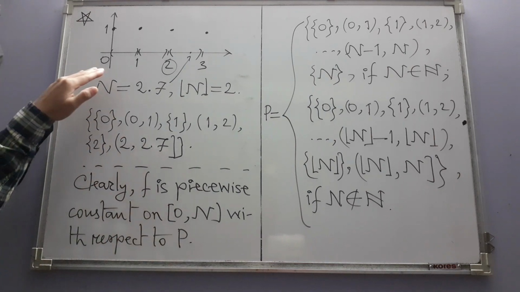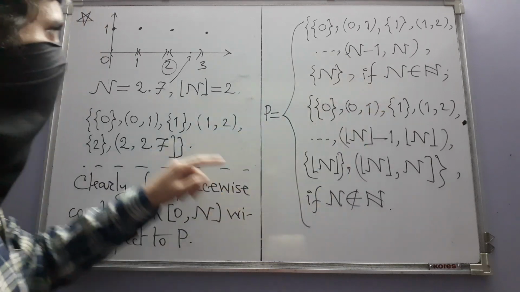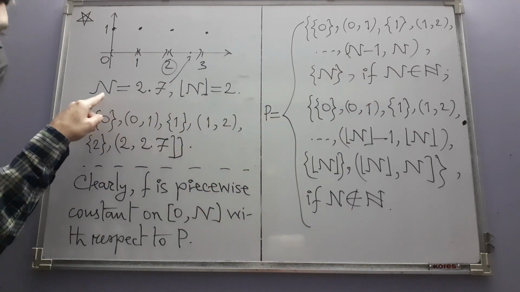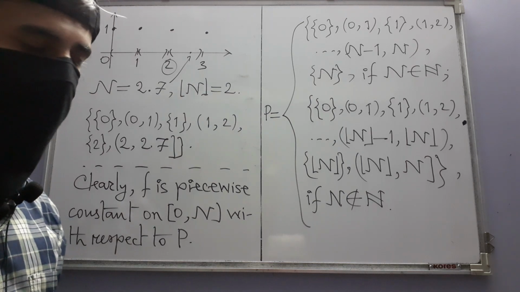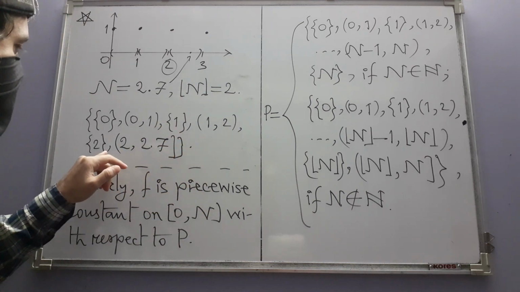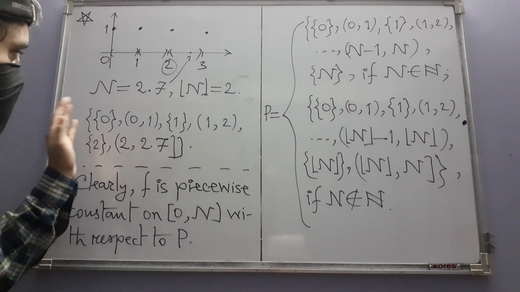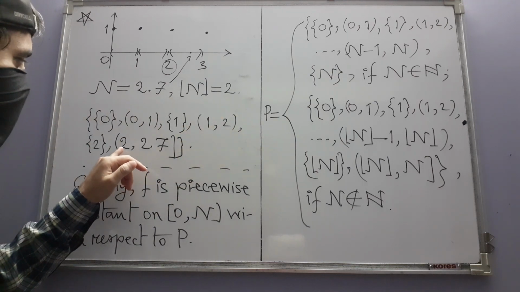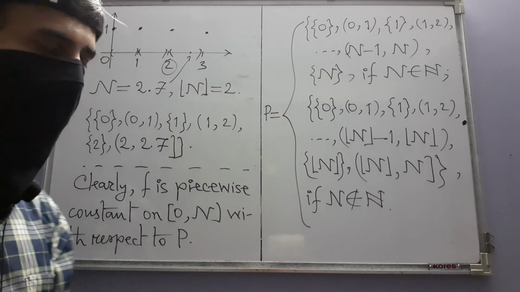We have to consider both the cases. If our case is the first one, and say for a moment that capital N is 3, then our partition ends like what? Then we would have here the open interval (2, 3), and then the singleton set {3}.